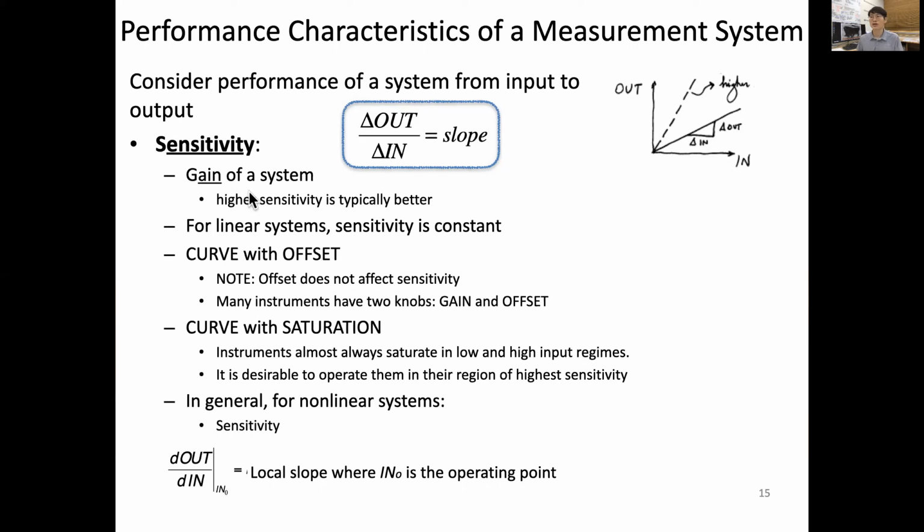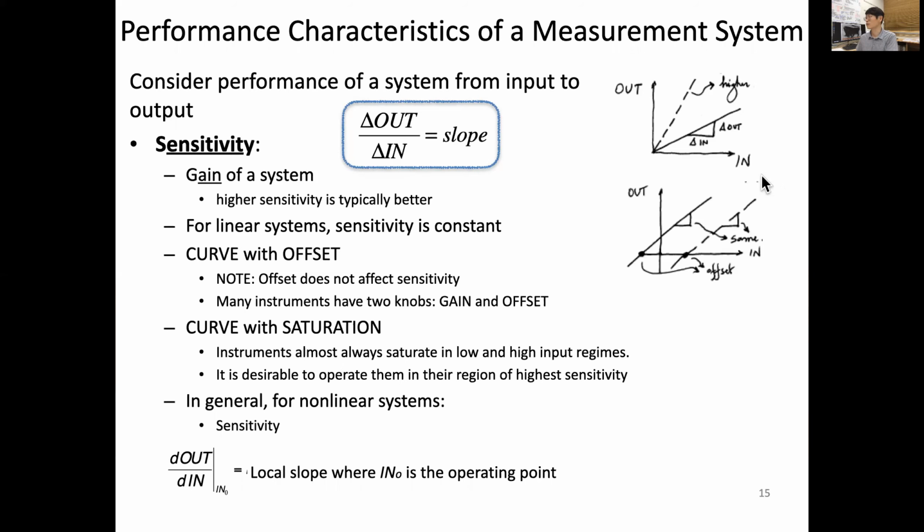In general, for a change of input, if the output change is bigger, then this is more desirable, right? So higher sensitivity is typically better. And if it is a linear system, which means twice the input change will give twice the output, then the sensitivity or slope will be constant. In general, our instrument system also has an offset.